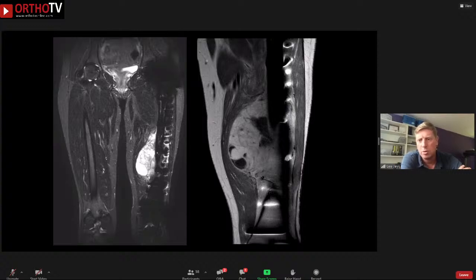When we were talking before about how we make the decisions, it goes on the biology, the response, and the time to local recurrence is also very important. If you have a dedifferentiated chondrosarcoma and it comes back within 3 months, then you know that's very, very bad news. But this is a late recurrence in a previously good responding tumour in a young person, and therefore you've got to be aggressive with it.